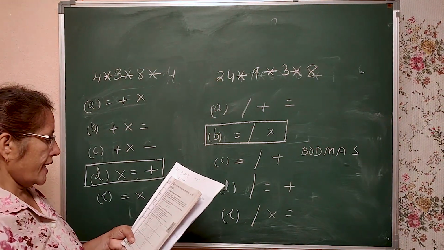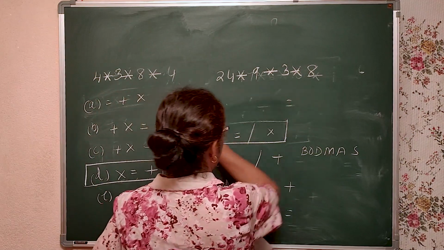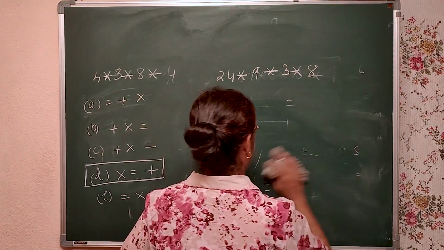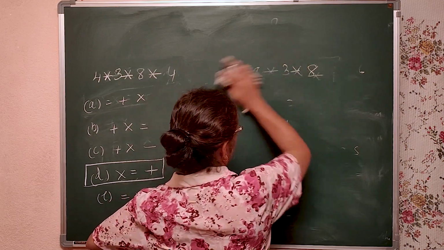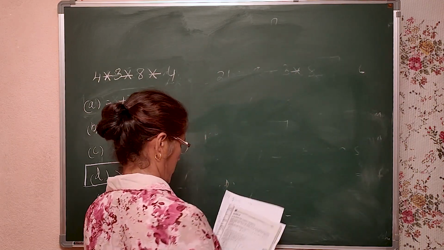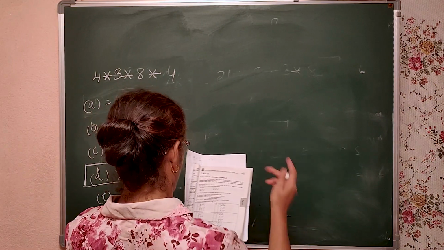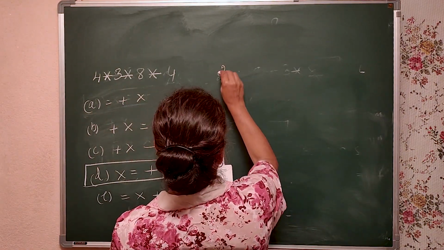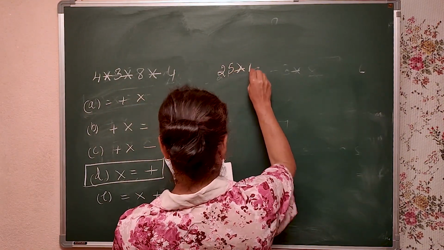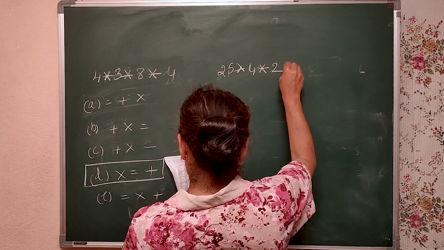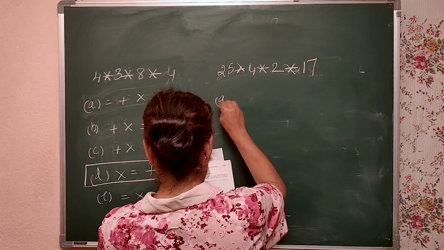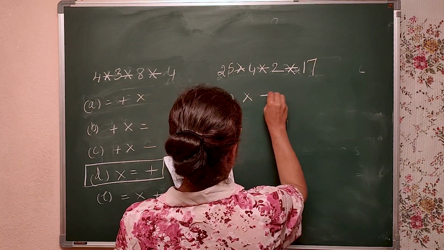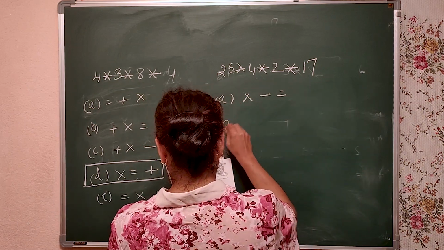Let us go to the last but one question of today. What is that? 25 star 4. Options: into, minus, is equal to. B: is equal to, into, plus.